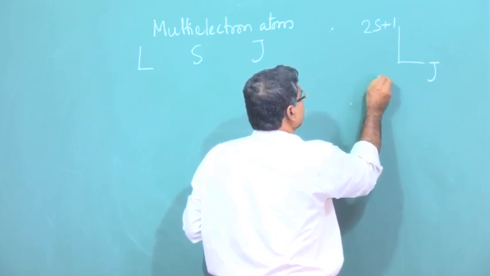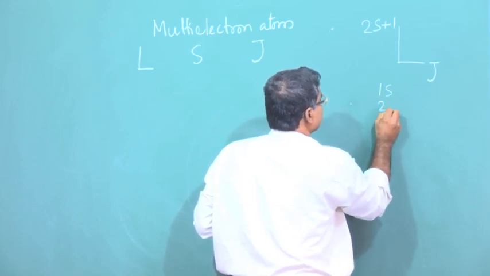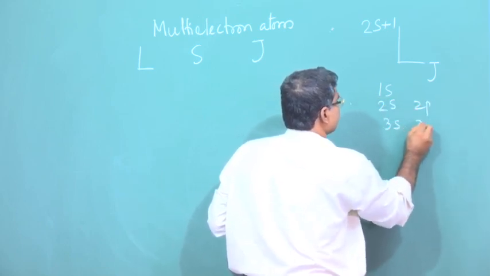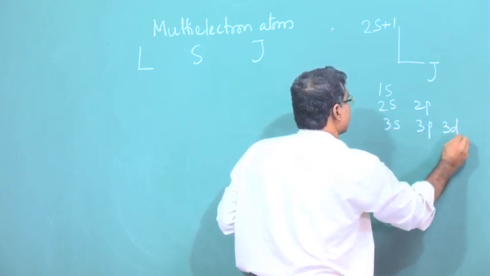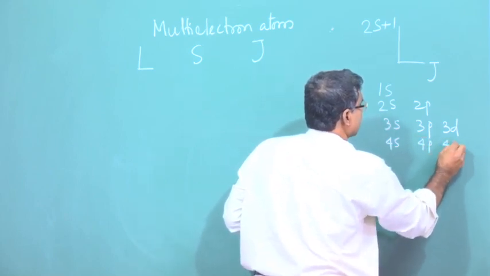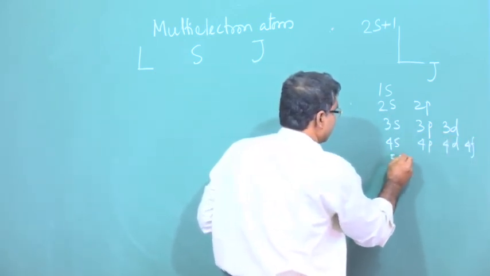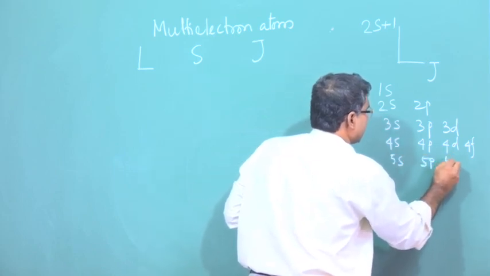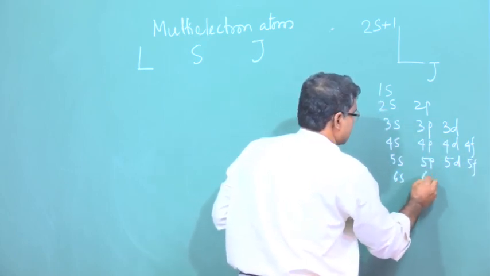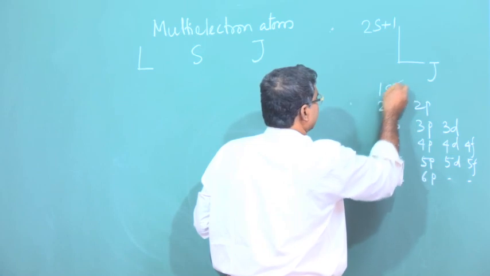Let me write here: 1s is the smallest energy, then 2s, 2p, 3s, 3p, 3d, right, 4s, 4p, 4d, 4f, right. Then 5s, 5p, 5d, 5f, 6s, 6p, etc. Okay.